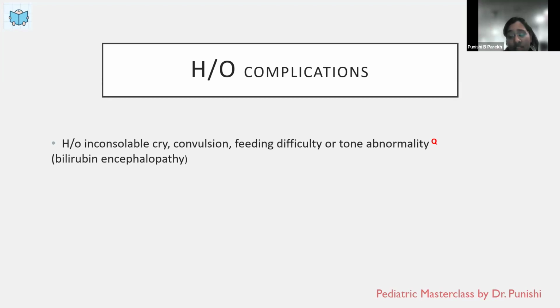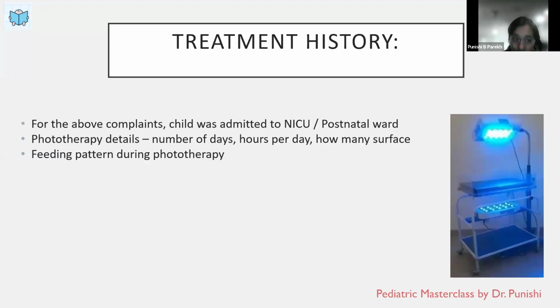So next, the next question will be on treatment options. So treatment history. Now this is more important, especially because many a times when you are taking this case of newborn jaundice, let's say in the postnatal ward, the child probably was already diagnosed with jaundice, has already started receiving phototherapy, and then you're taking the case.